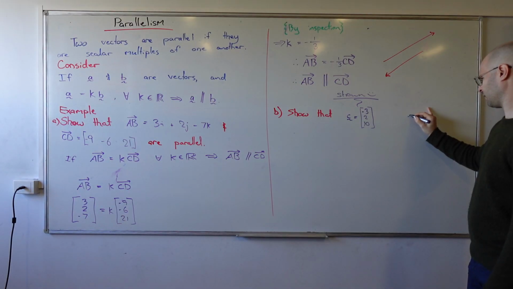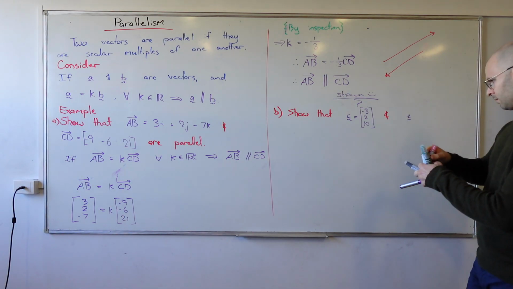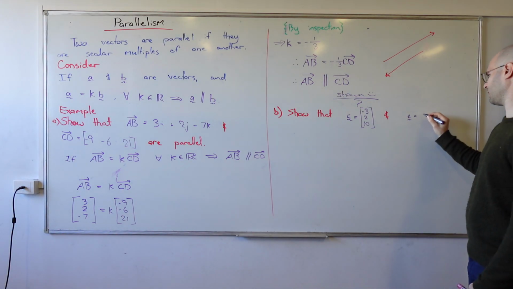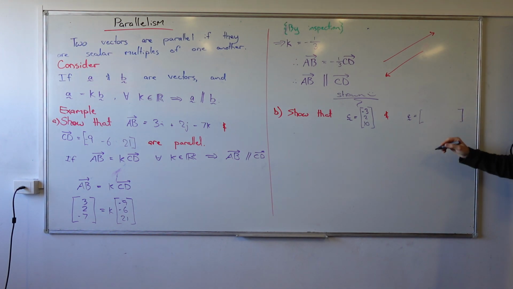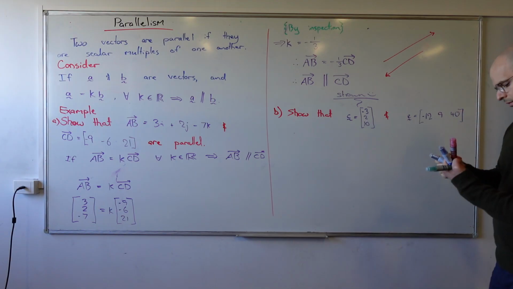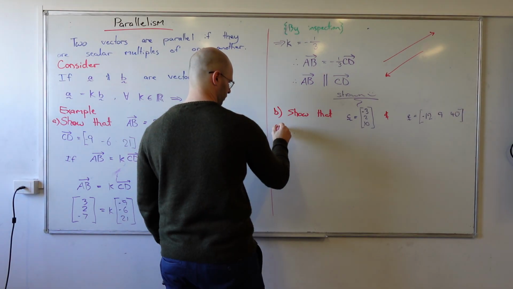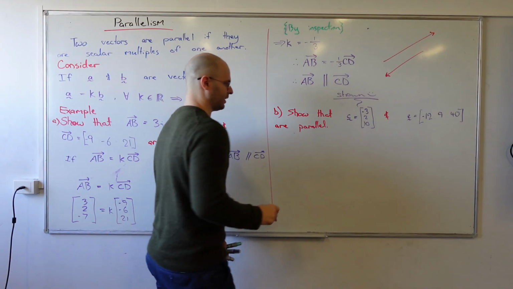And E. This one will be -12, 9, and 40. Show that these guys are parallel.